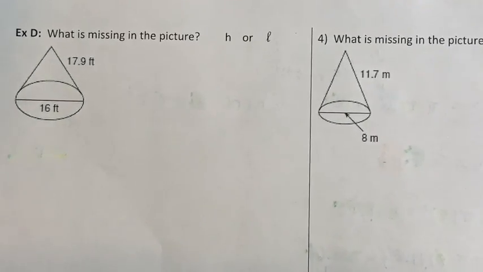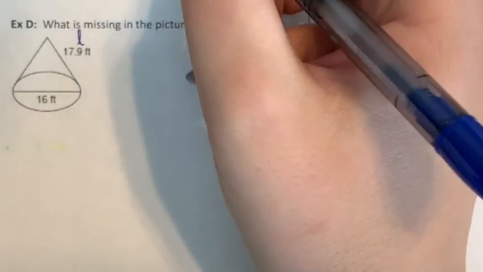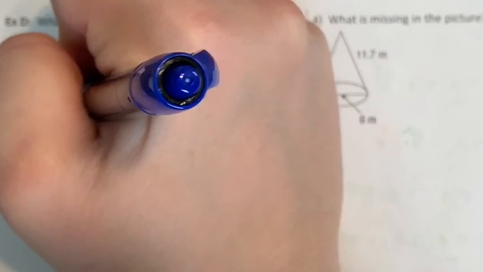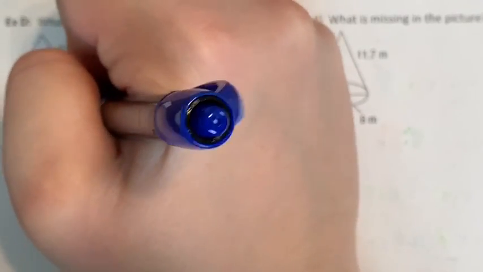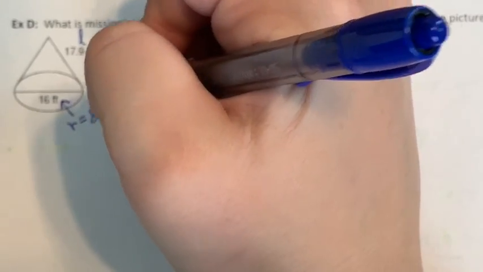Let's see, the back side, example D, and very last one to do, what is missing in the picture. So let's label the 17.9, that would be our slant height. The 16 feet is actually our diameter, so you can make a note that if the diameter is 16, my radius has to be half of that, or my radius has to be 8.